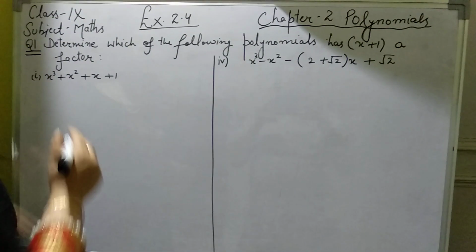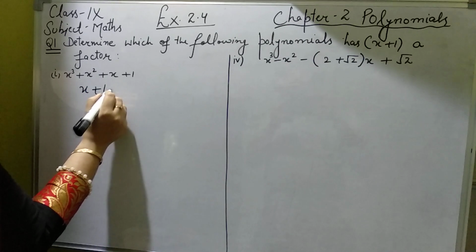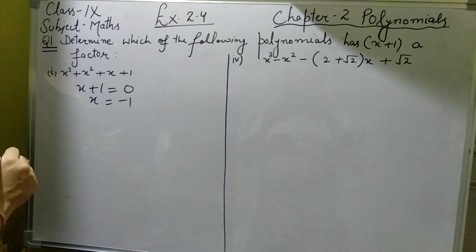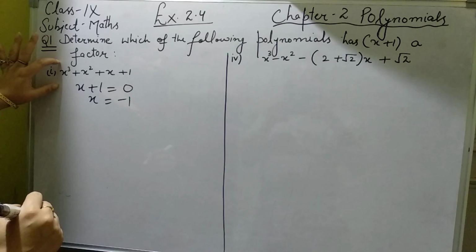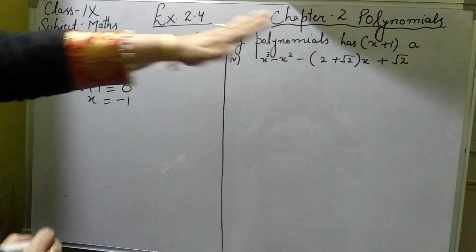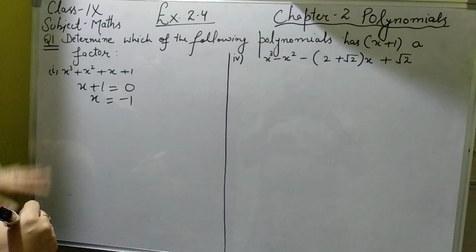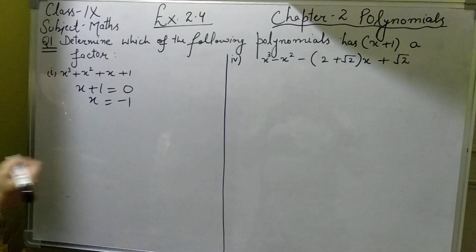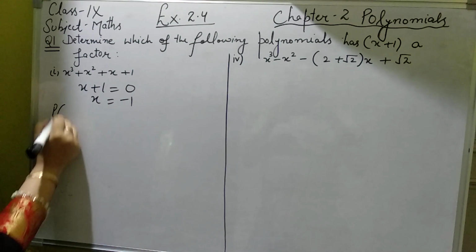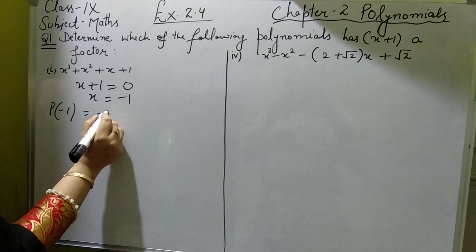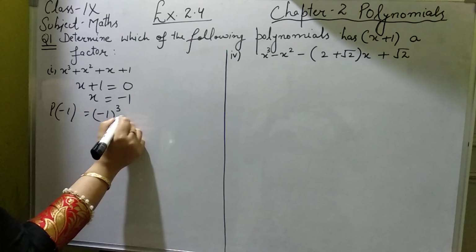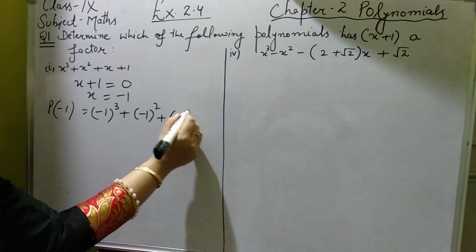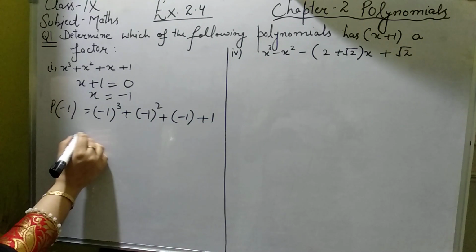So what we have to do? We have to equate this linear polynomial with 0 and find the value of x, that is minus 1. If p of minus 1 is 0, it means x plus 1 is a factor of this polynomial, otherwise it is not a factor. So x is equal to minus 1. p of minus 1 is equal to minus 1 cube plus minus 1 square plus minus 1 plus 1.